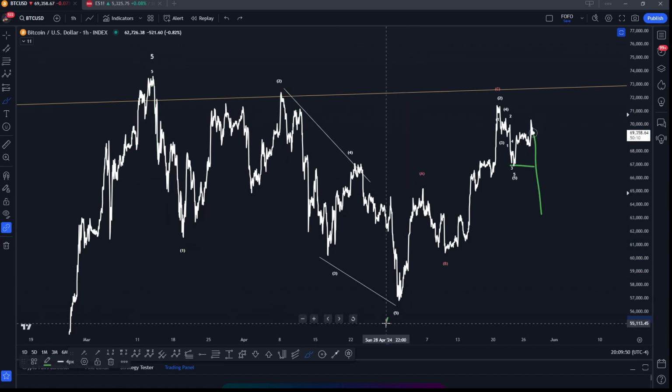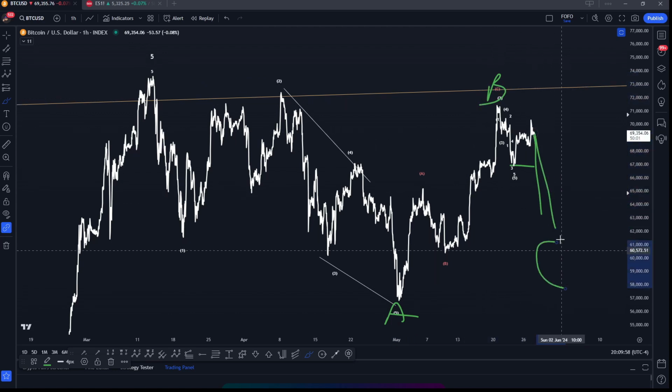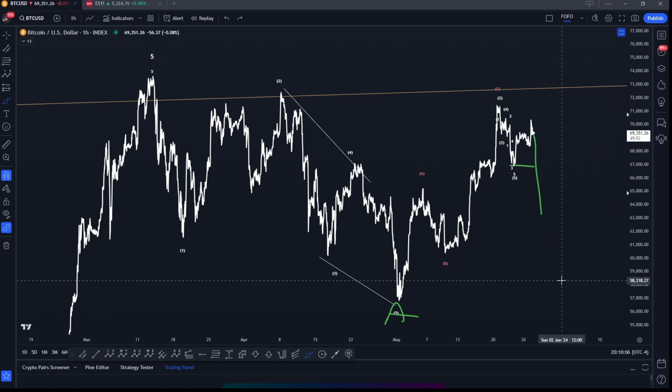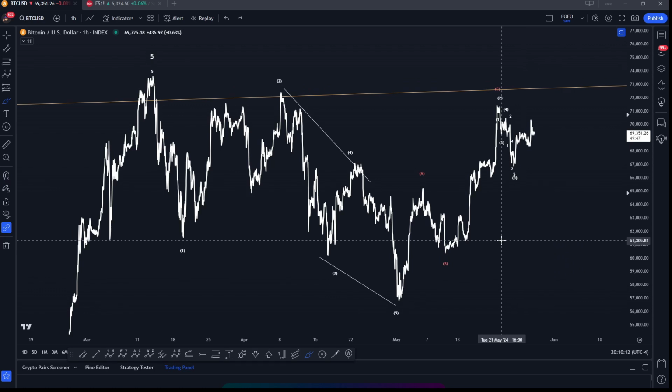And that could be an A wave of a triangle, and that could be a B wave of a triangle. And now you could be working on a C wave of a triangle. Then you'll get 3, and you'll get 3, C, D, E, which would eventually break up. If that were the case, you have no idea. You have absolutely no idea. So all you can do is trade what's right in front of you.